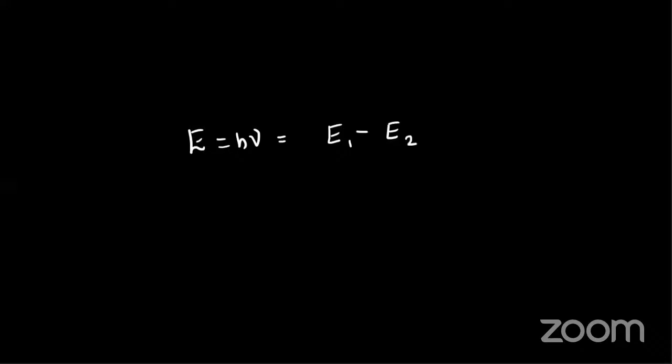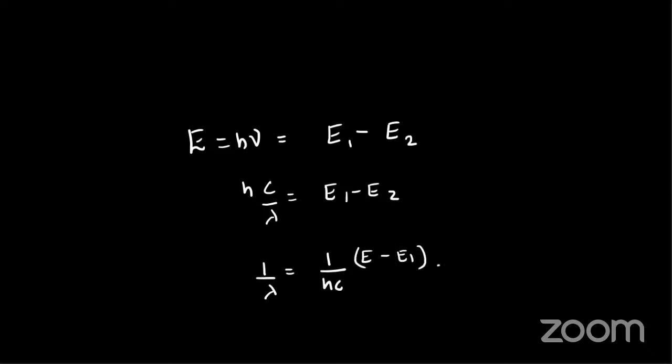If you want wavelength, what will you do? h as it is, nu is c by lambda. It is equal to E1 minus E2, or 1 by lambda is equal to 1 by hc times (E1 minus E2).